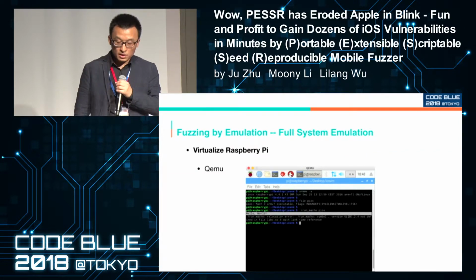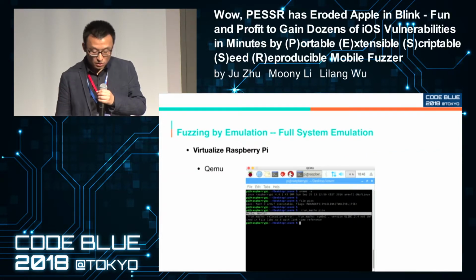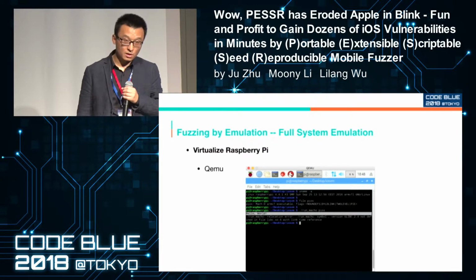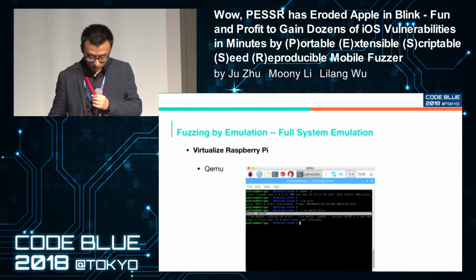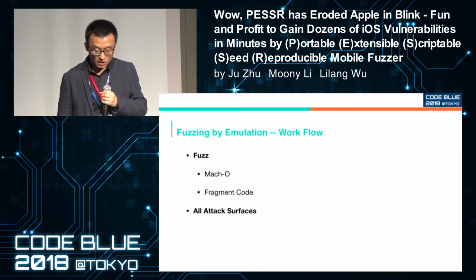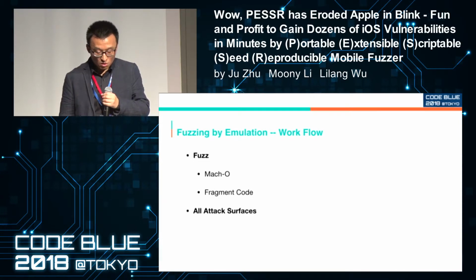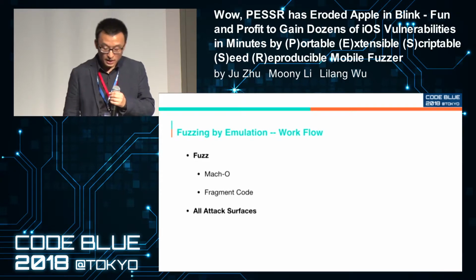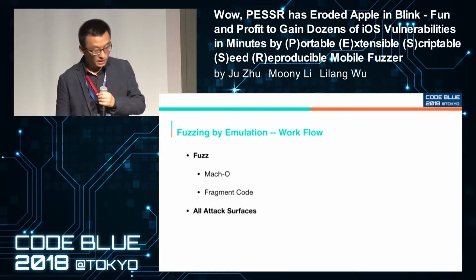In fact, we only need to get the Raspberry Pi to do full system emulation with QEMU. This is a quick and easy way. With this system, we can further mutate or even fragment code easily. Any iOS XPC service can run independently under our Darling Pi and expose its attack surface.